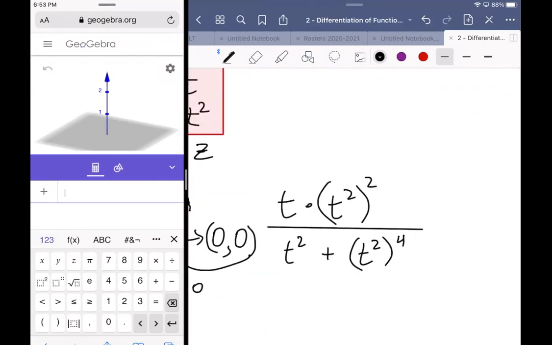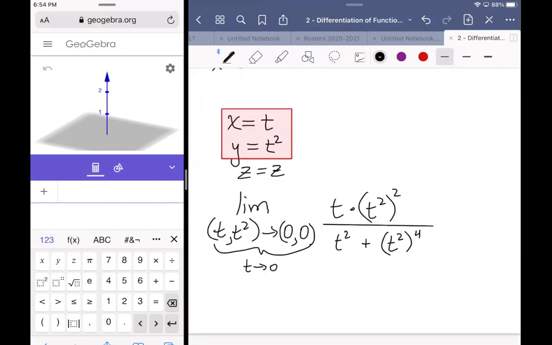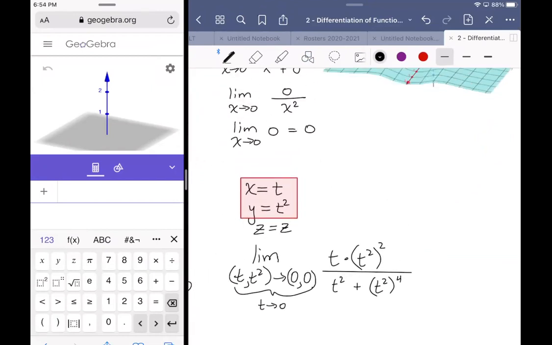All right. And again, we're still looking to simplify and go from there. I can clean it up a little bit, but eventually we're going to want to factor anyway. So let me just do that. It'd be t to the 5th up top, and on the bottom, t squared plus t to the 8th.